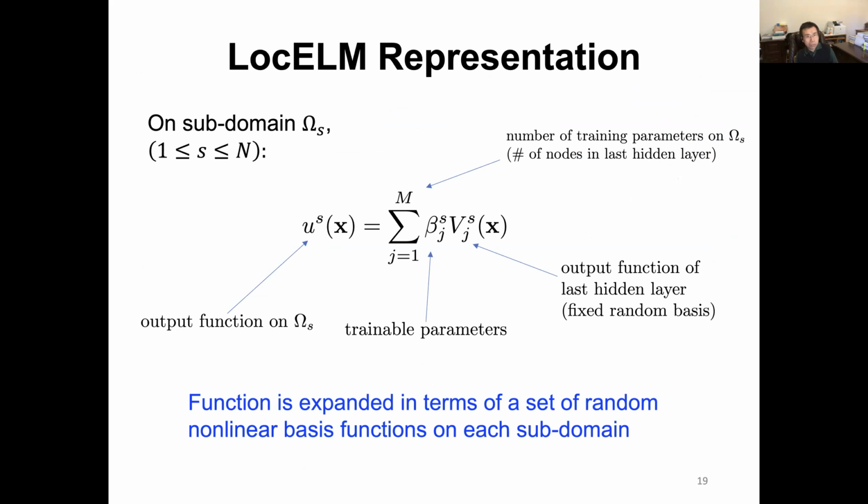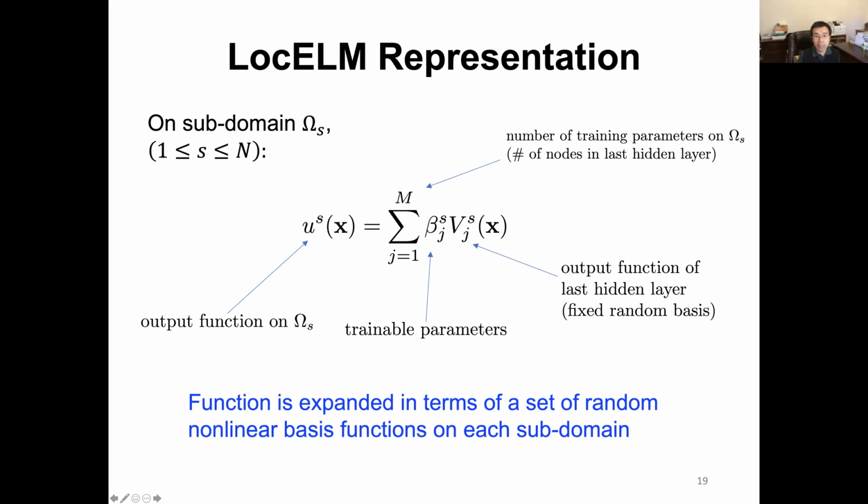Now, based on this description, on each subdomain, we have this expansion relation. The left-hand side is the output of the neural network. On the right-hand side, the V_i are the output fields of the last hidden layer of the neural network. Beta_j are the training parameters, or the output layer coefficients. So basically on each subdomain, based on the philosophy, the function is expanded in terms of a set of random basis functions.